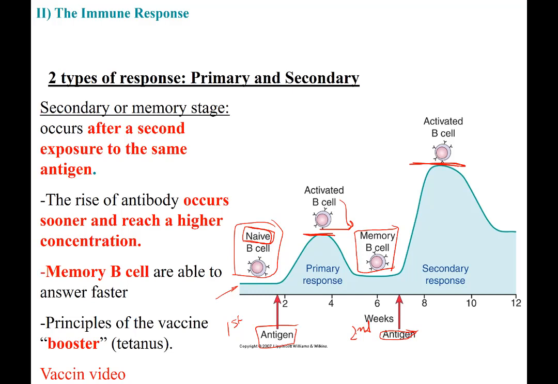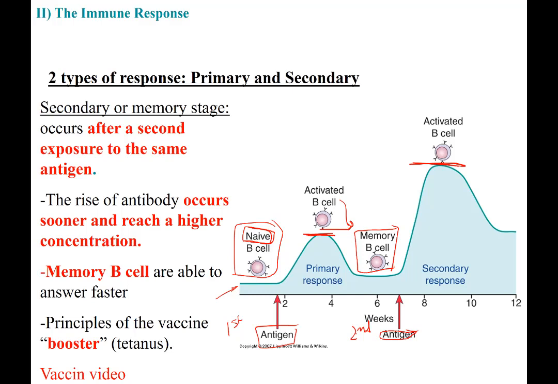When you are vaccinated, you have this part of an antigen that is injected, and then you create memory B cells. And then the next time, if the real thing is coming, if you have the real antigen coming, then you have this immunity buildup.